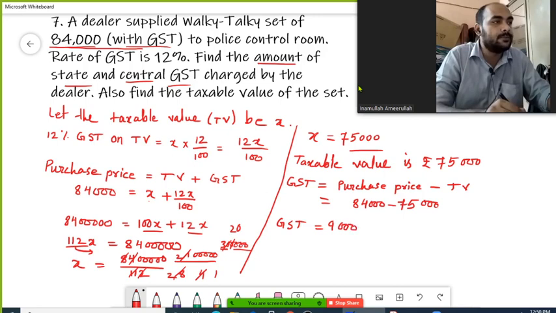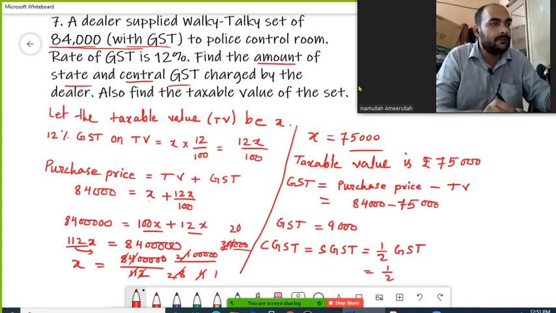9,000 rupees. If GST is 9,000, then central goods and service tax should be the same as state goods and service tax, and each is half of GST. So half of GST, that is half of 9,000.